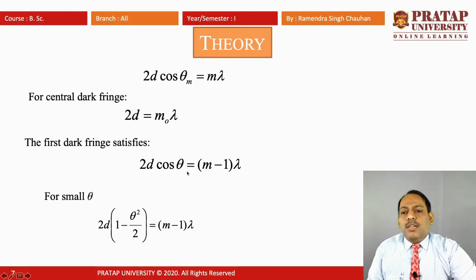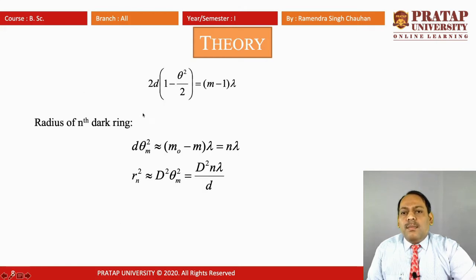So we have 2d cos theta is equal to (m minus 1) lambda, and for a small theta we can show that 2d (1 minus theta square by 2) is equal to (m minus 1) lambda. From here, d theta square is equal to lambda.